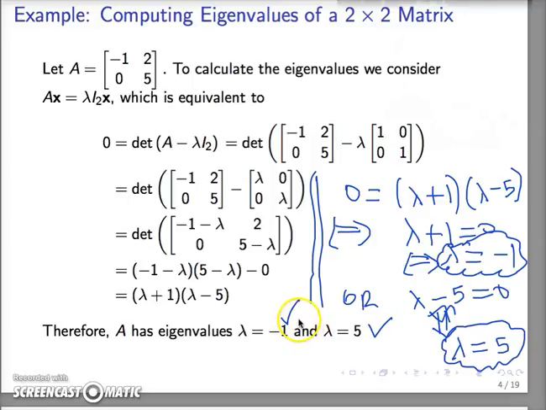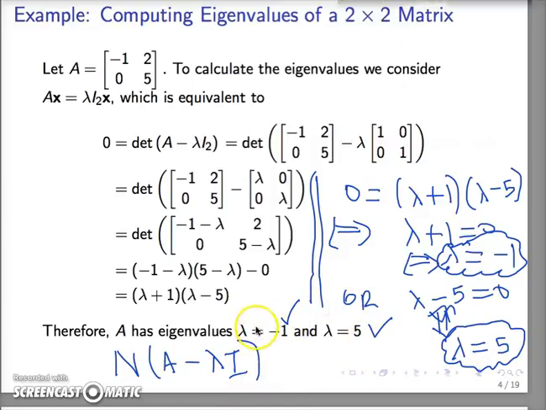And being singular means that the null space of A minus lambda I will contain non-trivial vectors that solve the equation A minus lambda I multiplied by that vector equals 0.